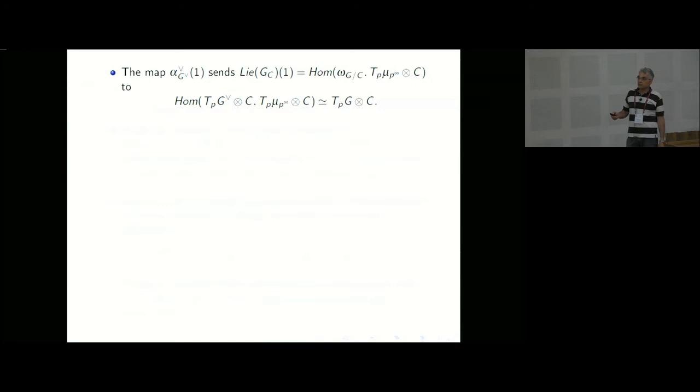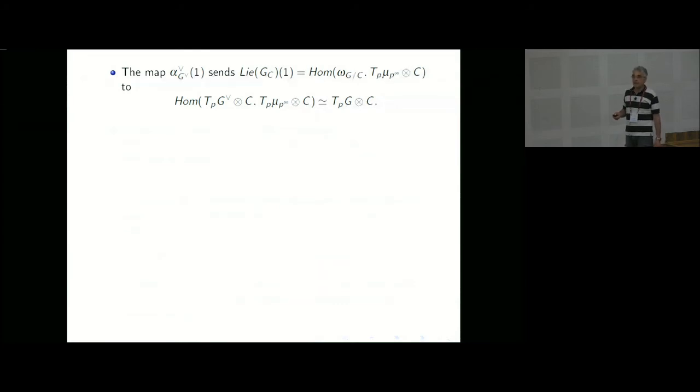So this, of course, can be sent via duality to the Hom from T_p G hat tensor C to the same thing, simply because alpha G hat would send us from here to here. So a dual map would send us from the homomorphisms from here to here to homomorphisms from here to here.